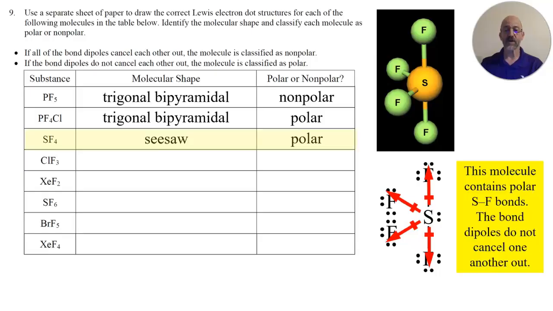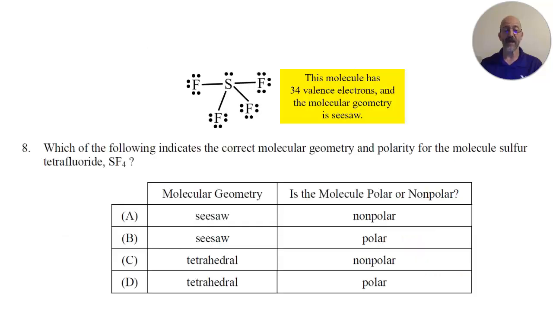SF bonds are polar, and these 4 bond dipoles are not symmetrically arranged. So that seesaw shape leads to a polar molecule because the bond dipoles in SF4 do not cancel one another out. So we're looking for seesaw geometry. It is a polar molecule, and that makes the correct answer to question 8, choice B.